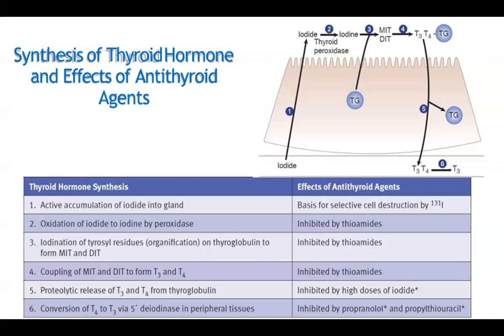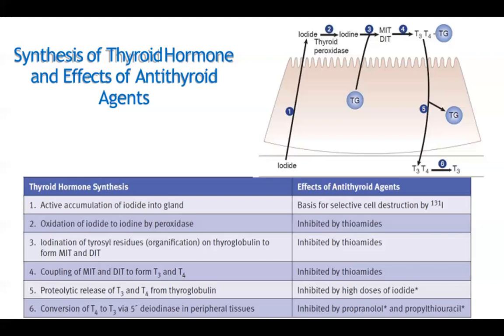So iodides, if they are in large amounts, will inhibit the release of T4 and T3 from the thyroglobulin into the circulation. Please remember, iodides have an extra role, which is inhibiting the release of free T4 and T3 into circulation from the thyroglobulin.